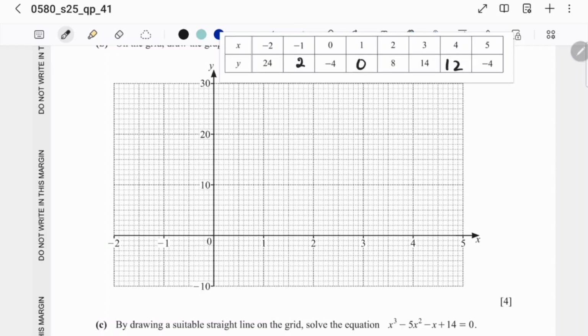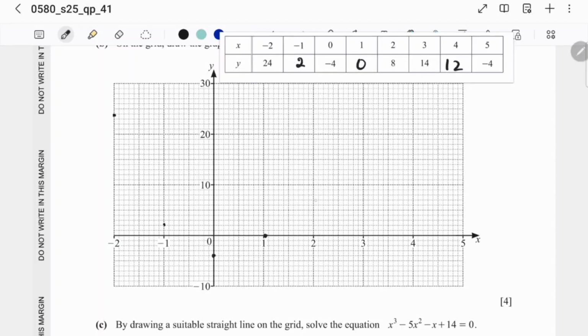Minus 2 and 24, the first point. The second point is minus 1 and 2. And then you will have 0 and minus 4, this point. And then afterwards 1 and 0.